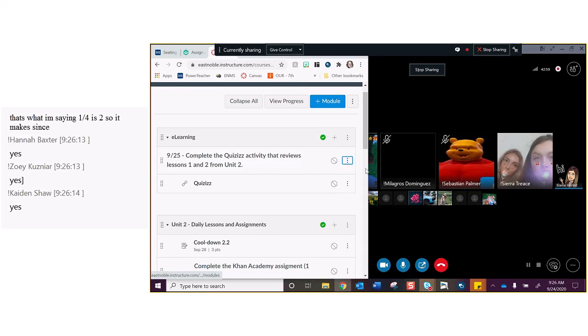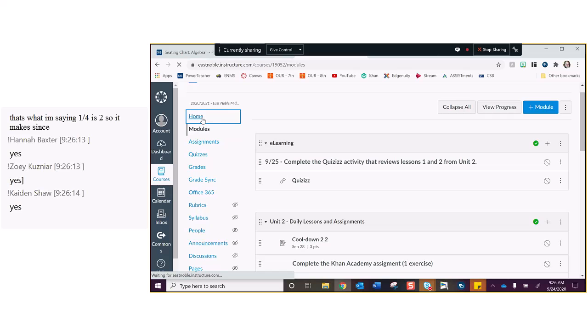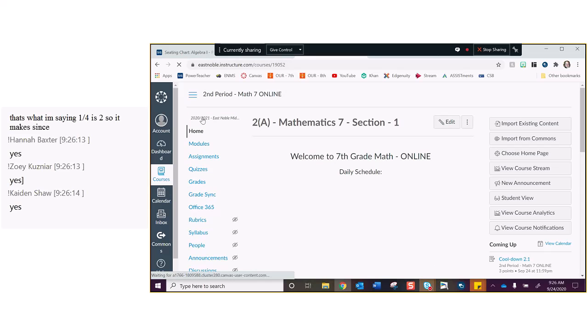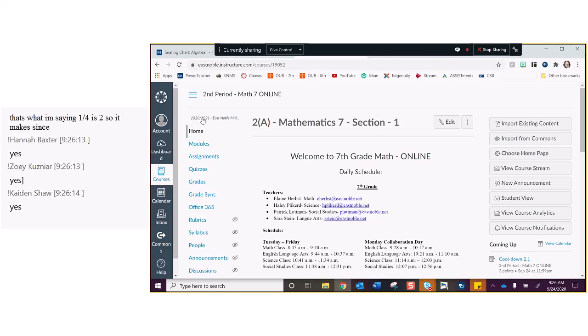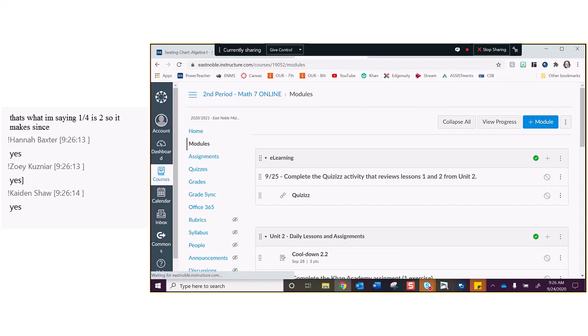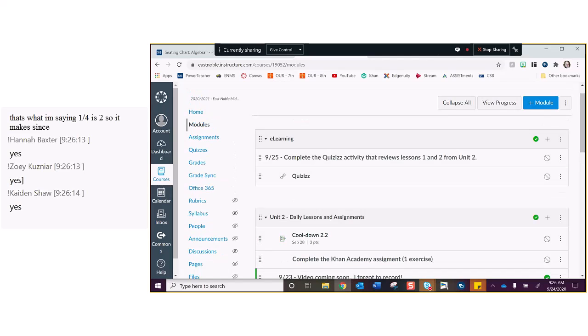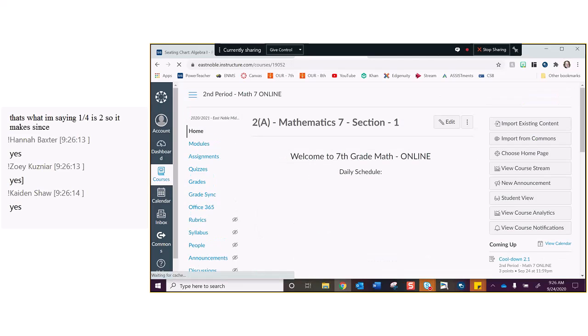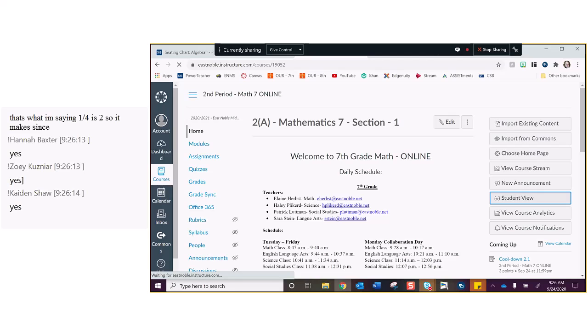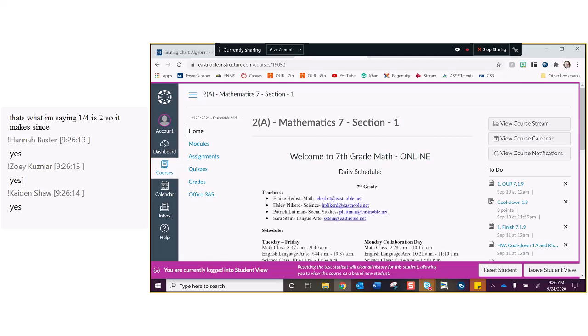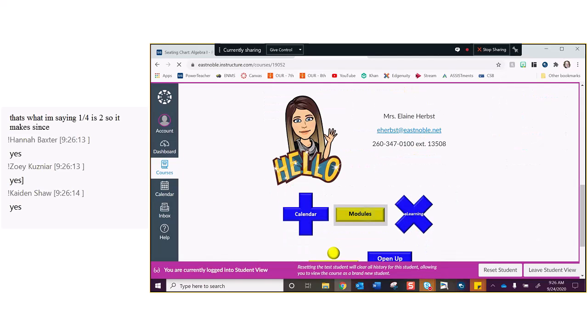I need to go to Canvas. Okay, so from Canvas, today, we go into modules, but today you're going to see a new module up at the top. Actually, I'm going to go in as a student so you can see the student view.